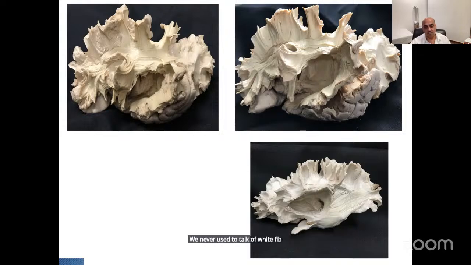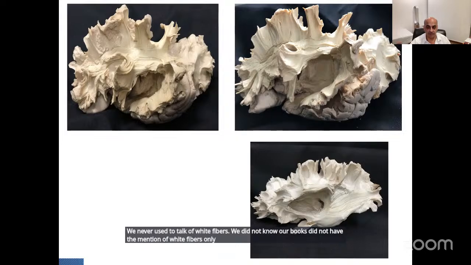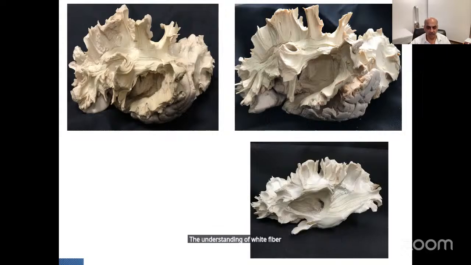Our books did not mention them. Only frontal brain, parietal brain, temporal brain, motor strip, speech area. White fibers are a relatively recent introduction, and we know how Yasser has promoted the understanding of white fibers, and how subsequently many groups have promoted it.